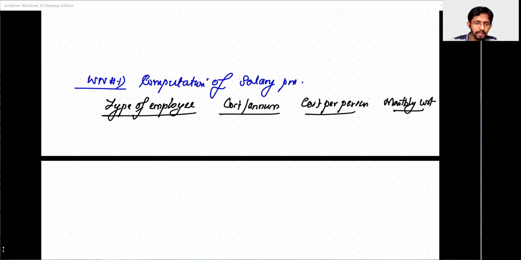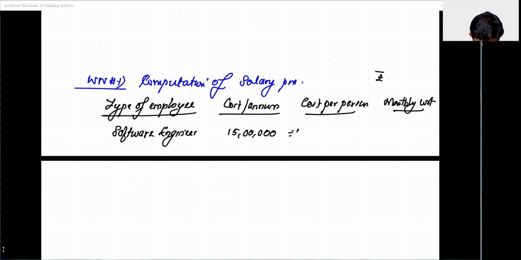Monthly cost per person. Now software engineer, 5. So total cost is going to be 15 lakhs. So 15 lakh divided by 5 will be 3 lakh. So per month, it will be rupees 25,000.